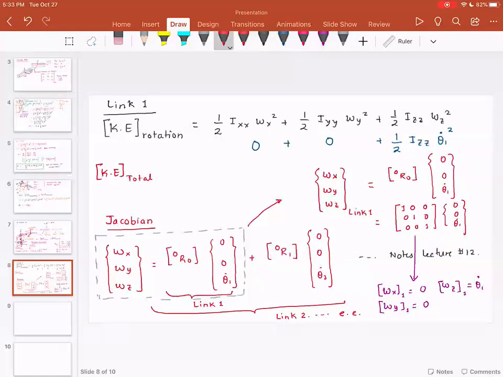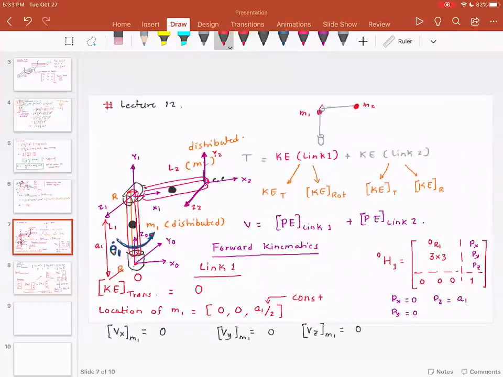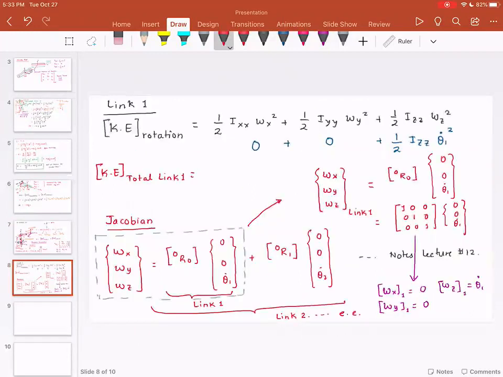And we are still on link 1. For link 1, the total kinetic energy, from the previous expression that we found over here, has linear kinetic energy of 0 and rotational kinetic energy of 1/2 Izz theta 1 dot square. Are you with me so far?